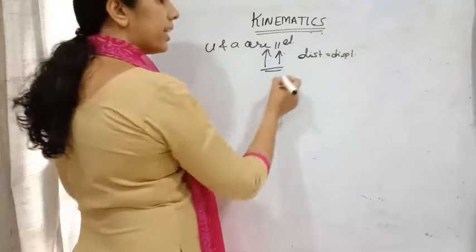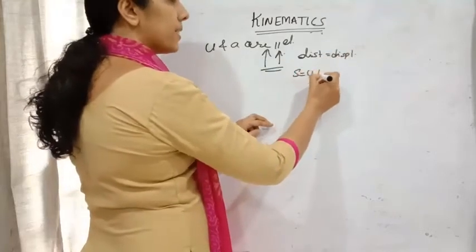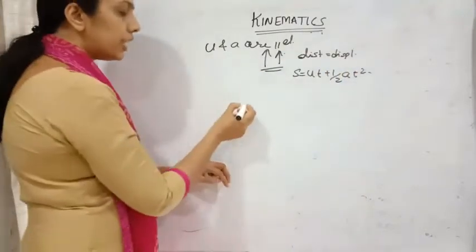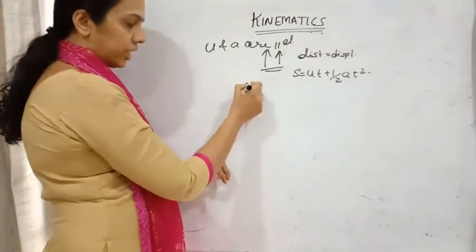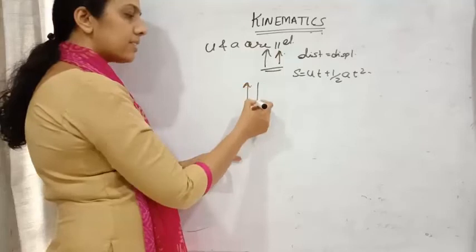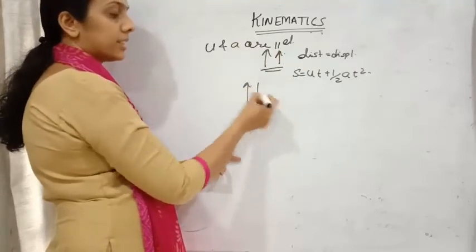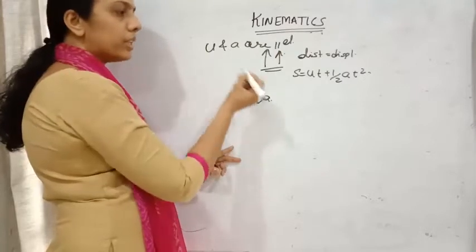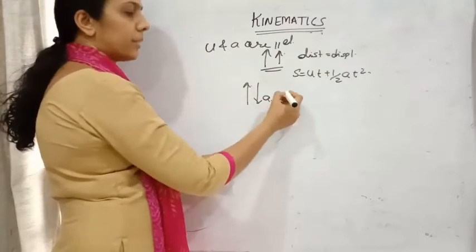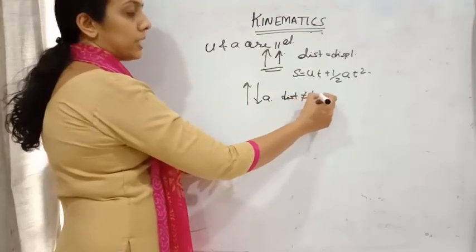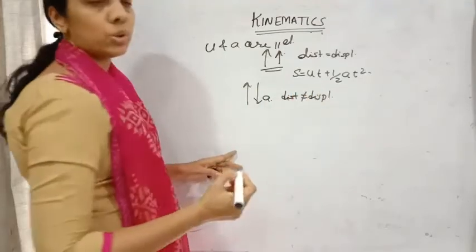That means there we can use the formula S is equal to ut plus half at square. But initially the object is moving in the upward direction, and acceleration is acting in the downward direction. So in those cases we can't consider distance equal to displacement. That is, distance won't be equal to displacement.